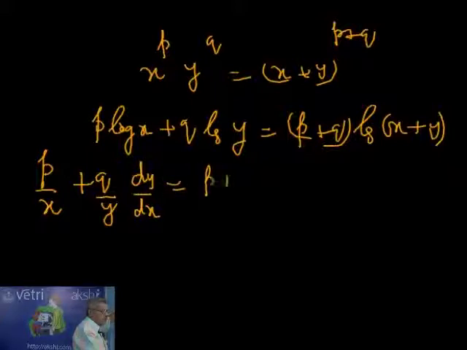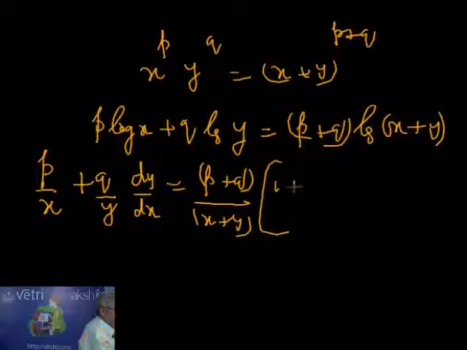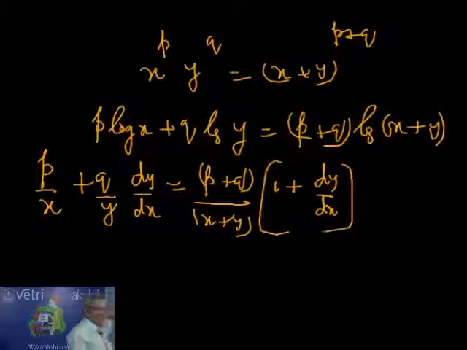Then (p plus q), differentiating log (x plus y), gives 1 over (x plus y), into the differentiation of x plus y, that gives 1 plus dy by dx. Understand this step? p by x plus q by y dy by dx is equal to (p plus q) by (x plus y) into (1 plus dy by dx).